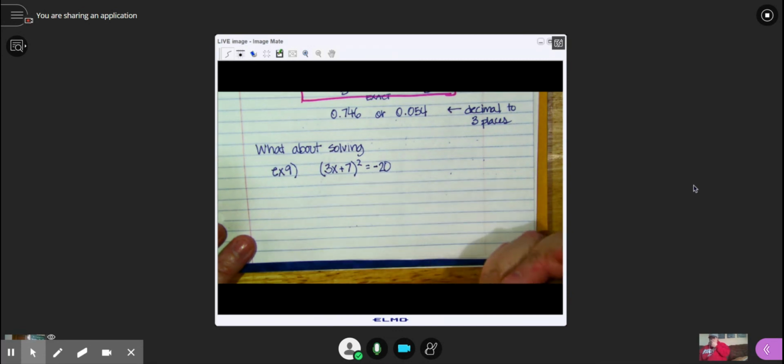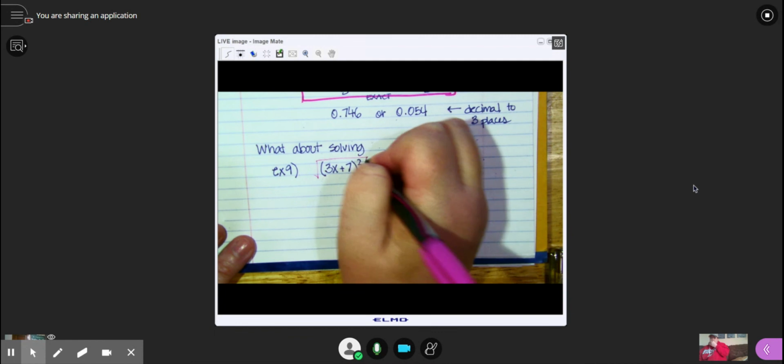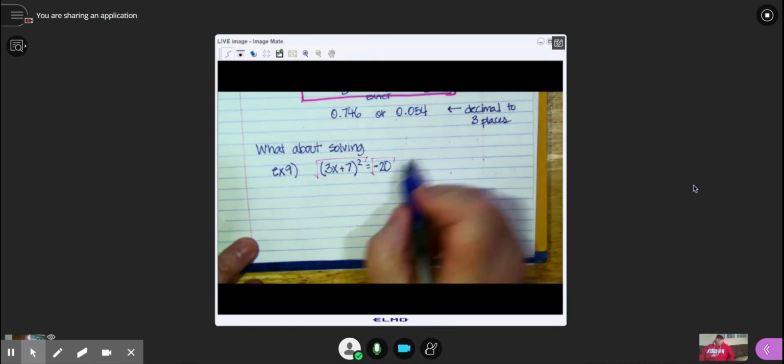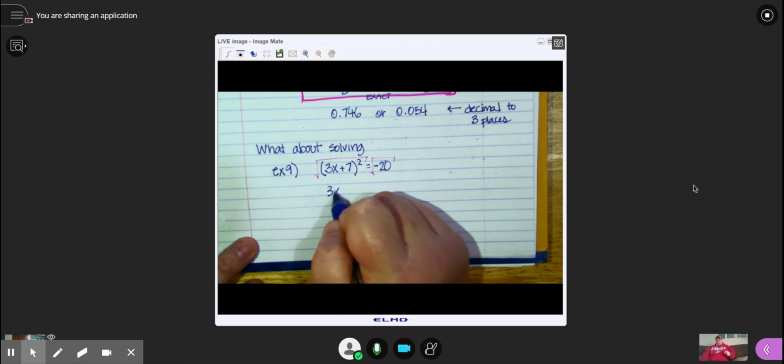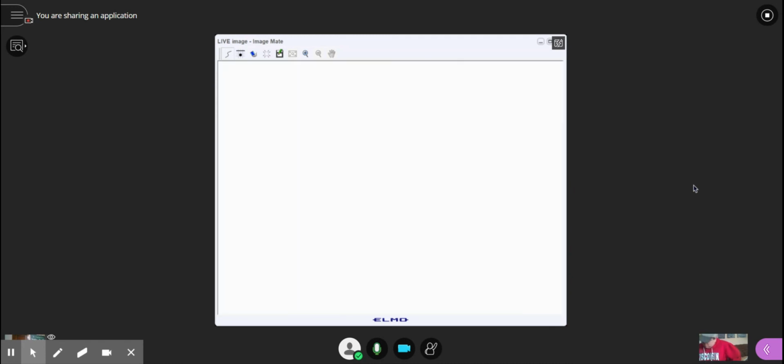What's going to happen here? Good, Ryan. When I take the square root of both sides, I again have the square root of a negative number.